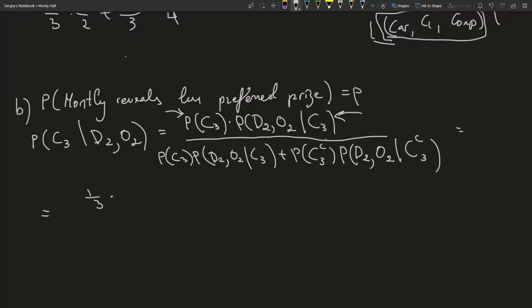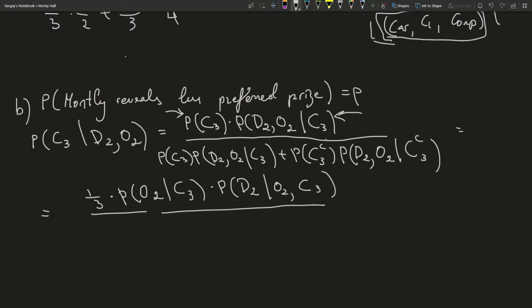That's going to be the probability that there is a computer behind door 2 given the car behind door 3, times the probability that Monty opens door 2 given that there is a computer behind it and the car behind door 3. And now in the denominator, again, the prior probability of there being a car behind door 3 is a third.